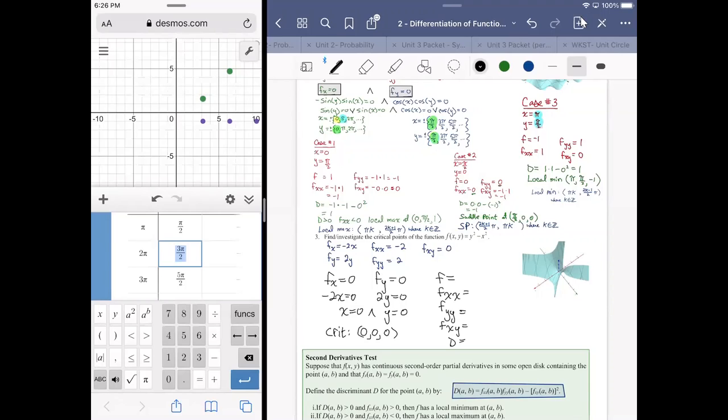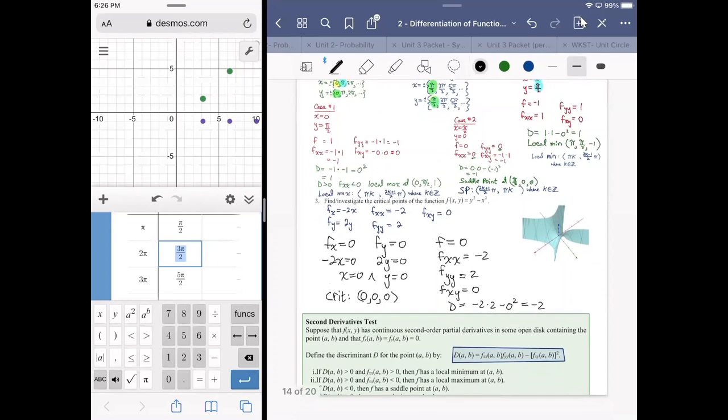So 0, negative 2, positive 2, 0, and then the products. So negative 2 times 2 minus 0 squared is going to be a negative 2. So we're looking at a negative d value.